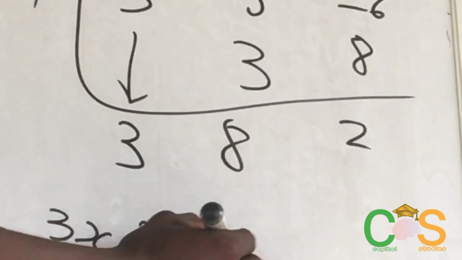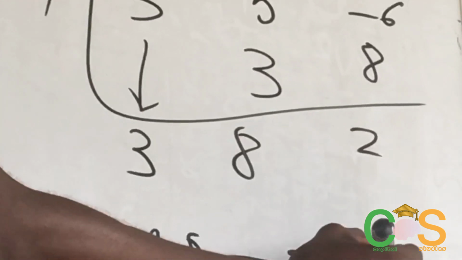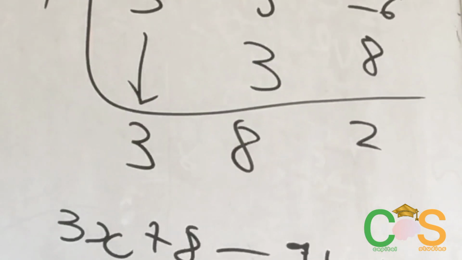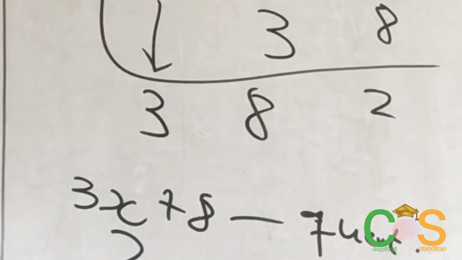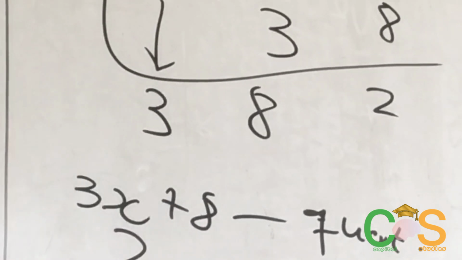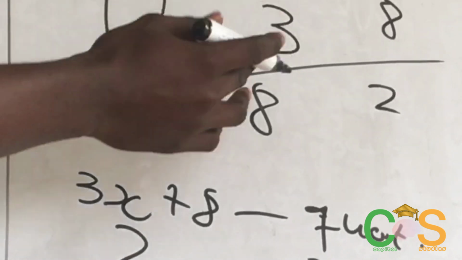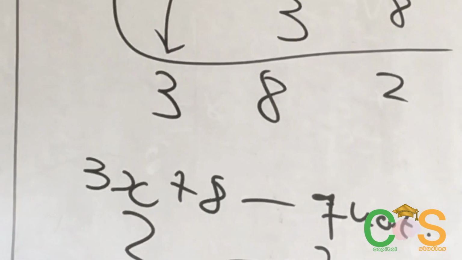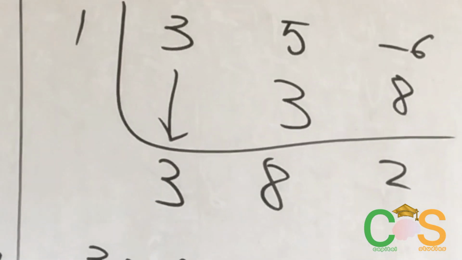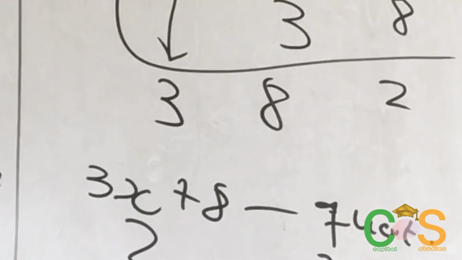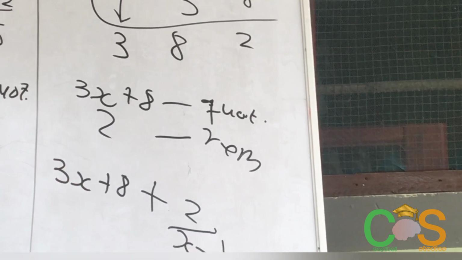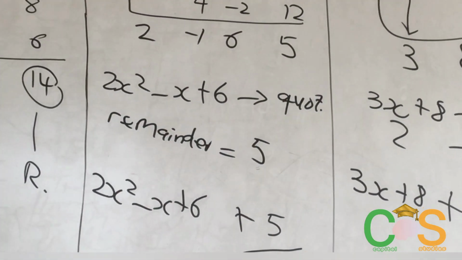So our quotient is 3x plus 8, and 2 becomes our remainder. We express this as quotient plus remainder over the divisor, giving the final answer 3x plus 8 plus 2 over the divisor x minus 1.